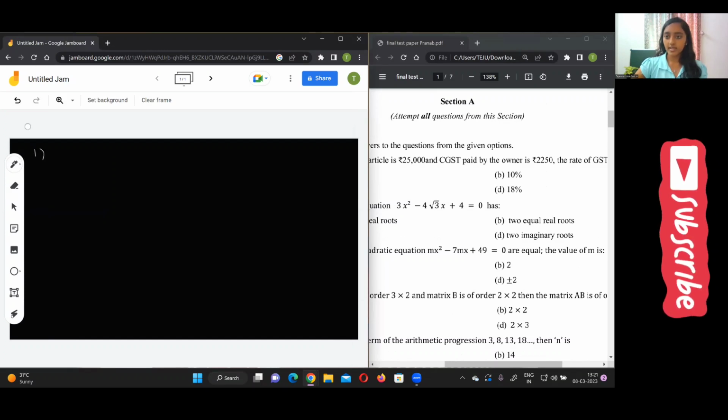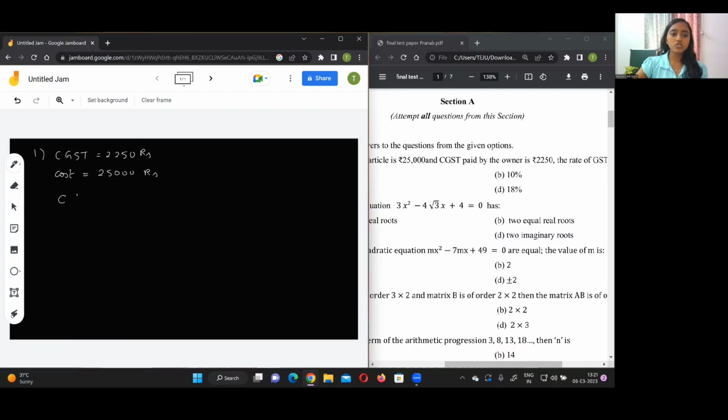So it says that the CGST is equal to 2,250 rupees. And it's also written that the cost of the article is 25,000 rupees. So as you very well know, CGST is equal to SGST, right?